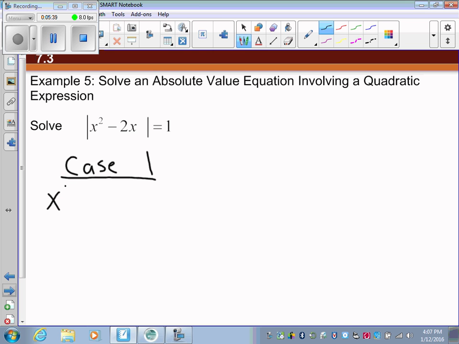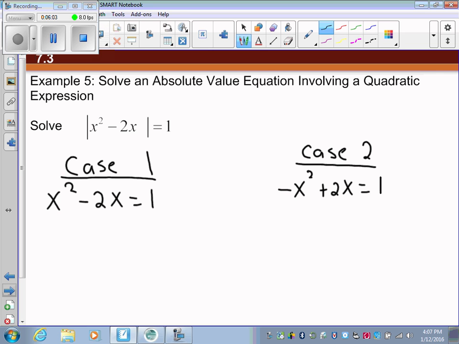So we'd be setting this up and solving it. Case two means looking at the other part, the negative version or the reflection part of the quadratic, the parabola. So it would be the negative x squared plus 2x equals 1.